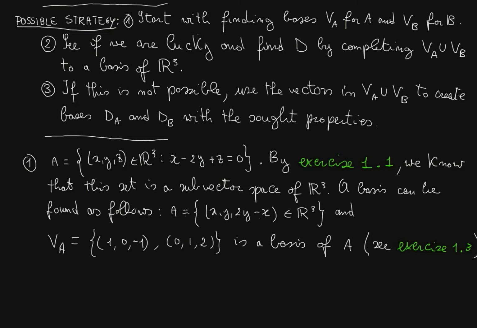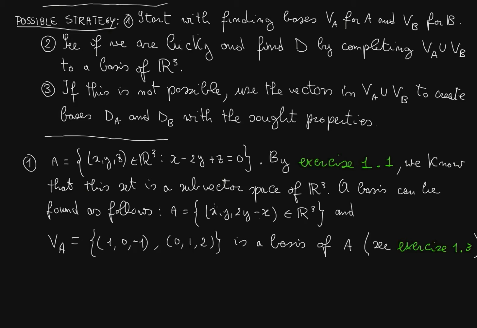Therefore, we can rewrite A as the set of vectors in R3 given by the coordinates x, y, which are unrestricted, and then z, which is subject to the following rule: z will have to be 2 times y minus x. In this form, we can easily find two linearly independent vectors inside A. We are free to choose x and y completely unrestricted.